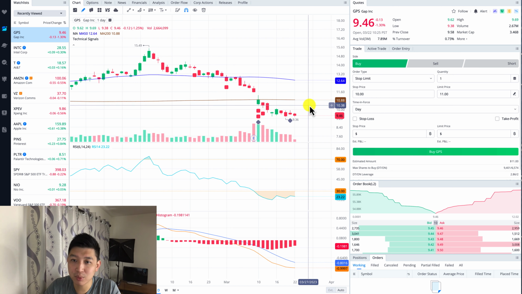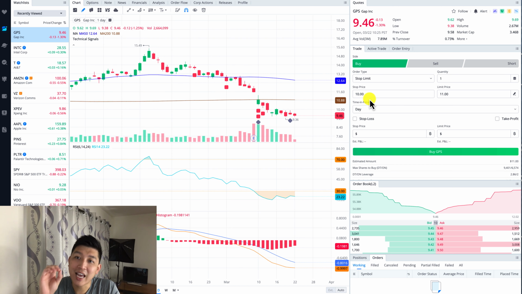To make this simple: if Gap hits $10, it's gonna trigger the stop order, but it's not gonna go any higher than $11, because that's the price that you're willing to buy it at. So anything from $10 to $11 is what you're comfortable paying.